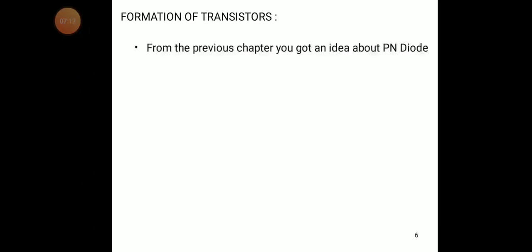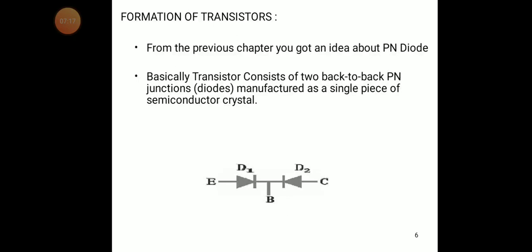Field effect transistors, FETs. First we try to discuss the formation of the transistor, that is a BJT. From the previous chapter, you got an idea about the PN diode. You know that P-type material and N-type material are combined together.